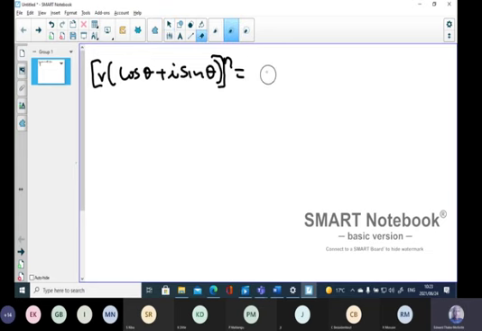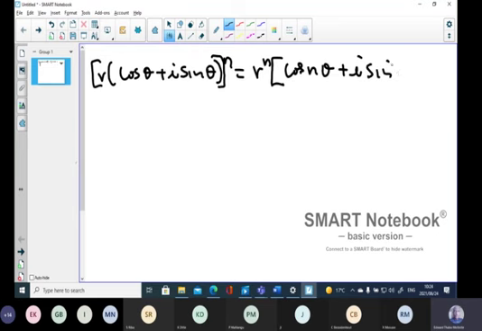Just want to write De Moivre's theorem and then change the conditions. So it will be r to the power n, okay, cos n theta plus i sine n theta.